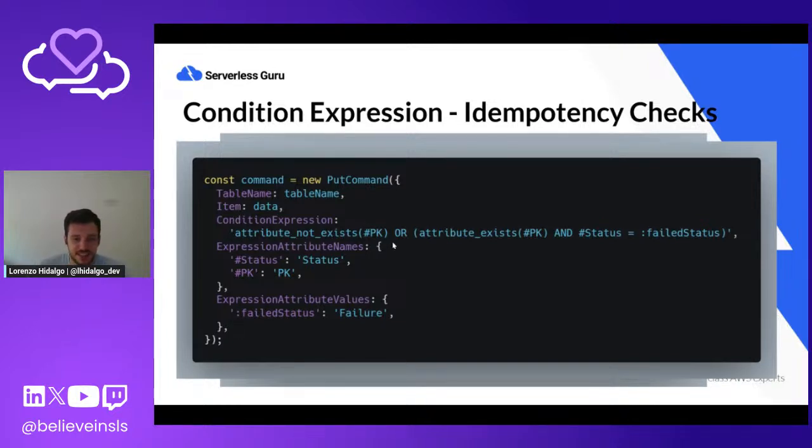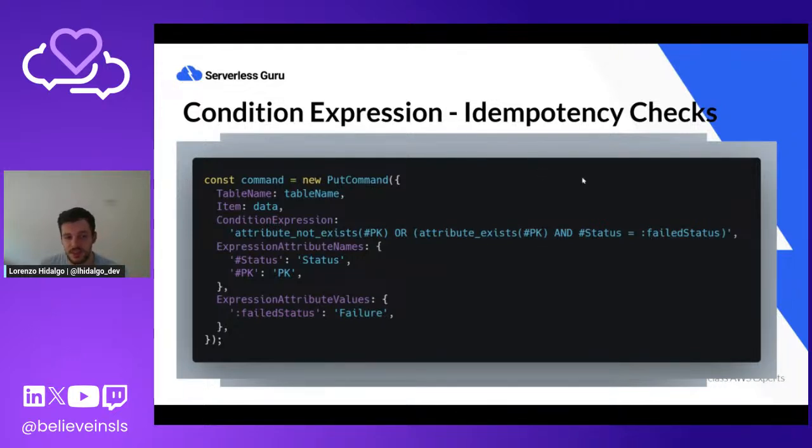The attribute doesn't exist. Okay, that means that it's the first time we're trying to process that event, or the attribute exists, but the status is in failure, for example. That way, we know that we have idempotency, but the idempotency will also allow us to do retries.